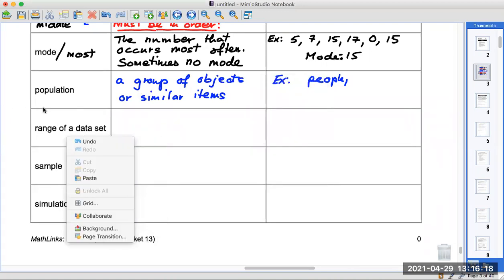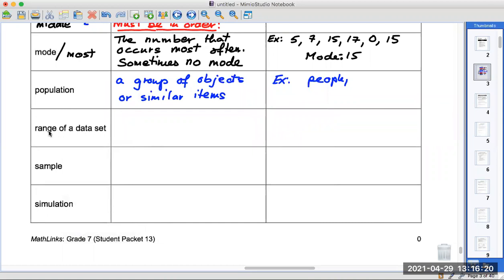Range of a data set. So the range is also important. To find the range, you take the largest number minus the smallest number in the data set.